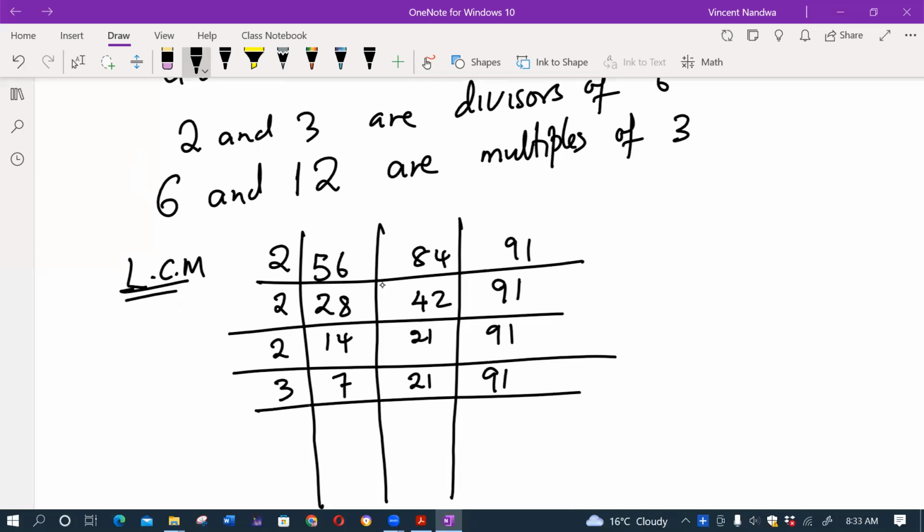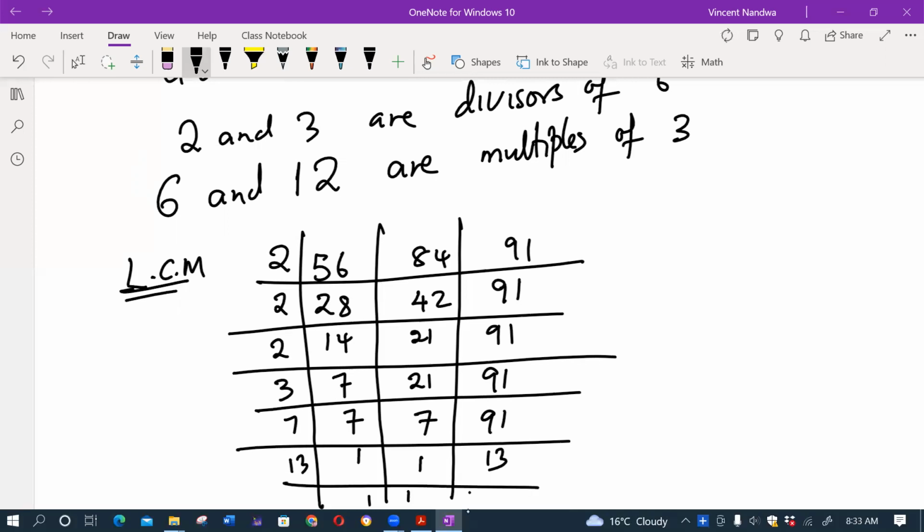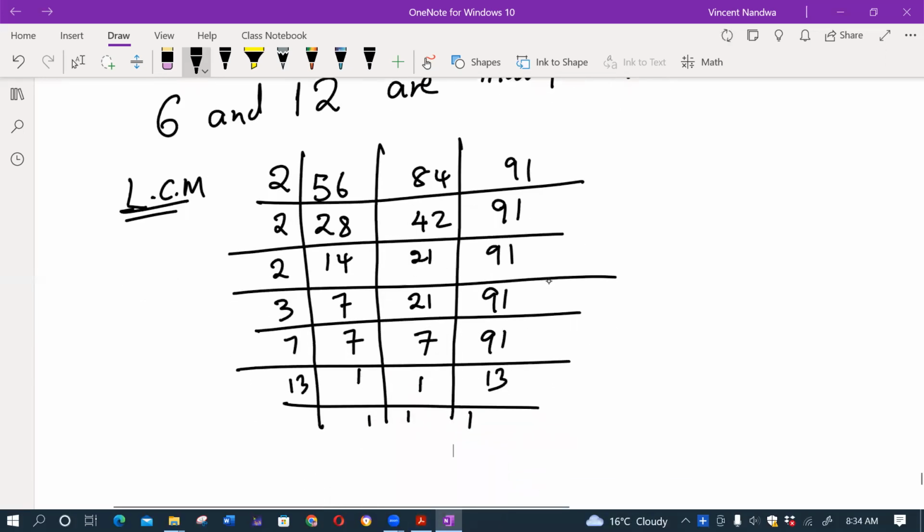Next prime is 3, that divides 21 into 7, doesn't divide 91. Next is 7, 1, 1, 13. Next is 13, 1, 1, 1. So for LCM, you do that up to the point the last line has ones.